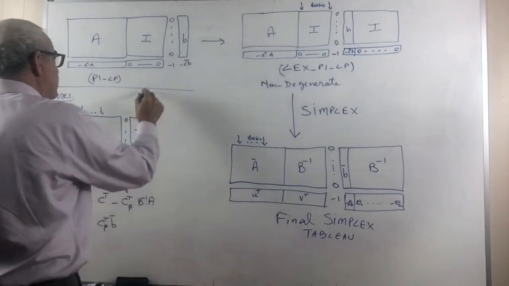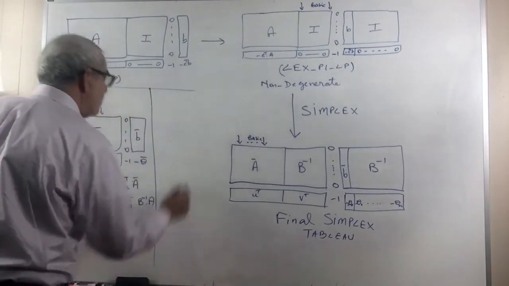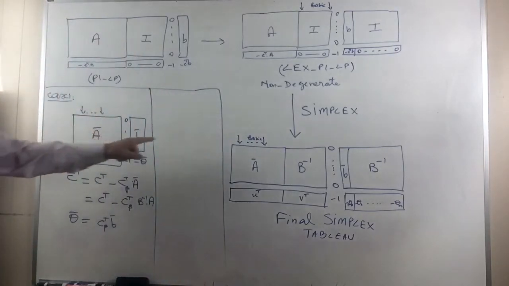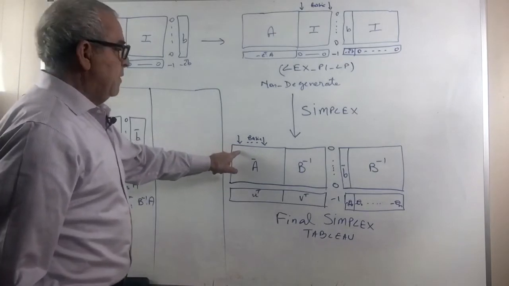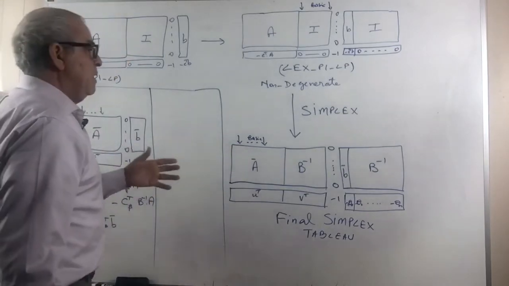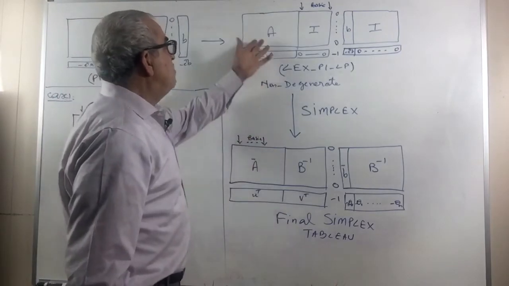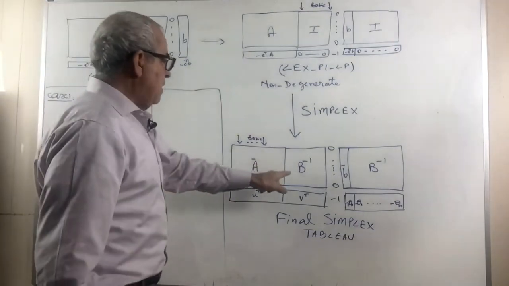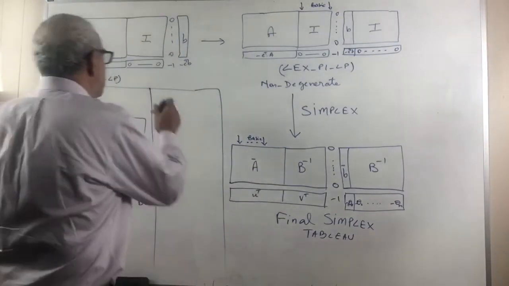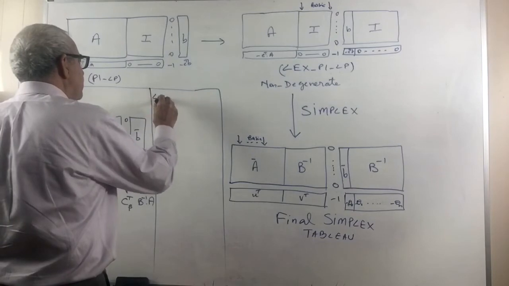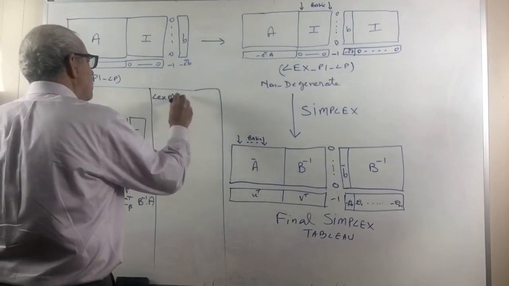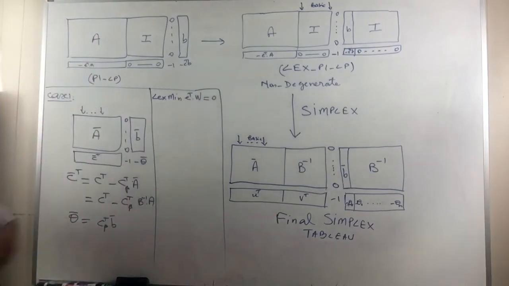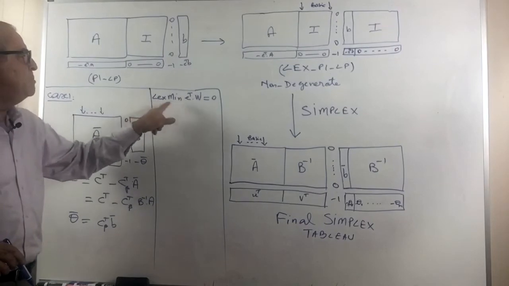Before we leave this case, since all the artificial variables left the basis, then for the basic feasible solution, we're going to set the non-basic variables to 0. So all the artificial variables are set to 0. So the lex min of E transpose W is equal to 0, because none of these W are basic, so the minimum is going to be 0.